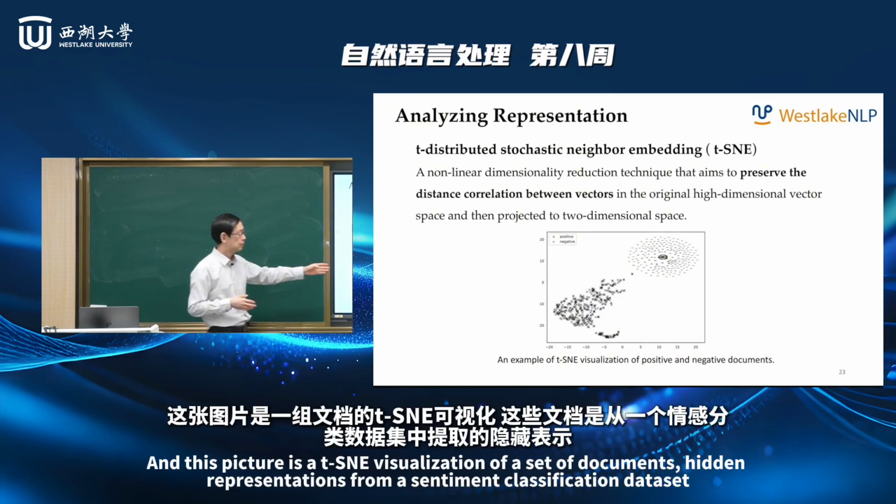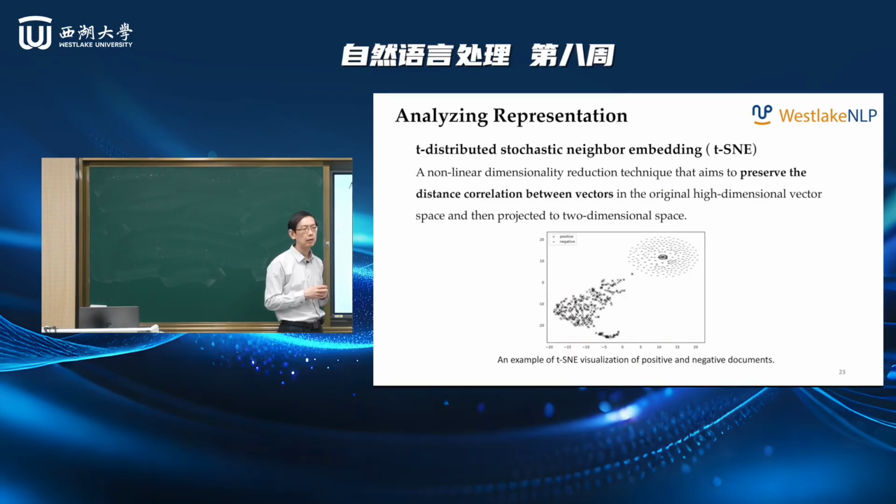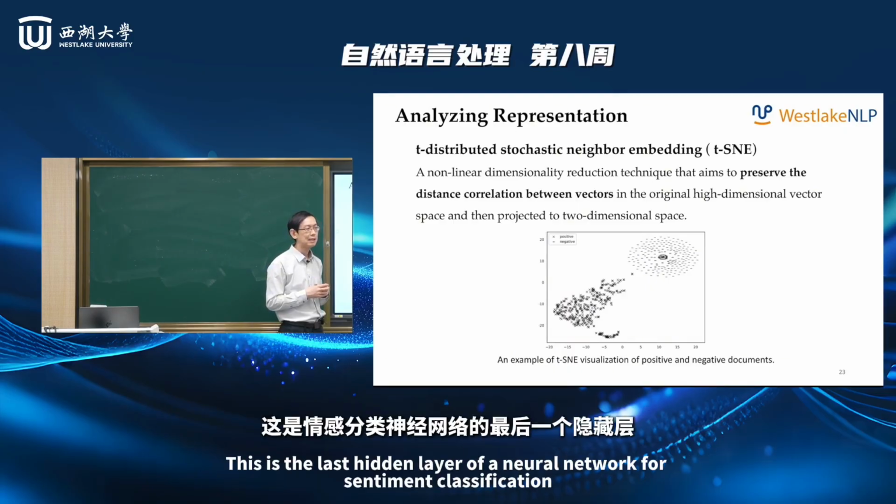And this picture is one TSNE visualized set of document hidden representations from a sentiment classification data set. This is the last hidden layer of a neural network for sentiment classification.